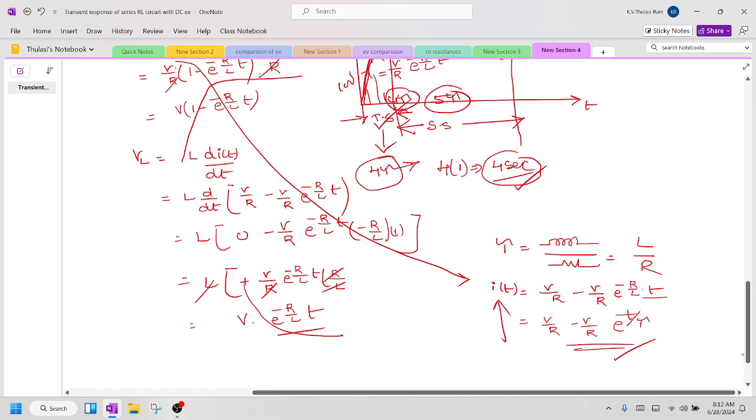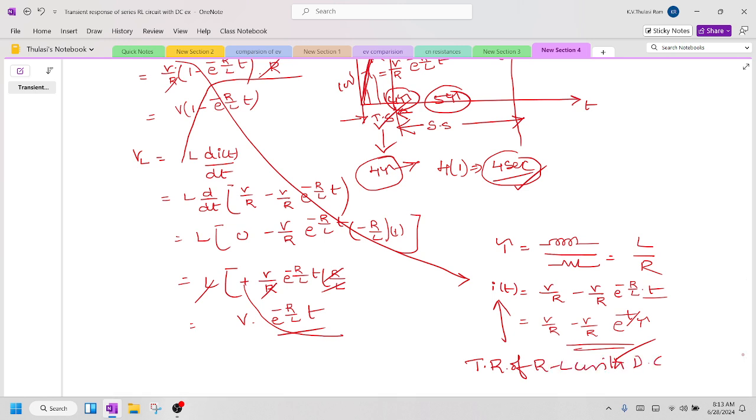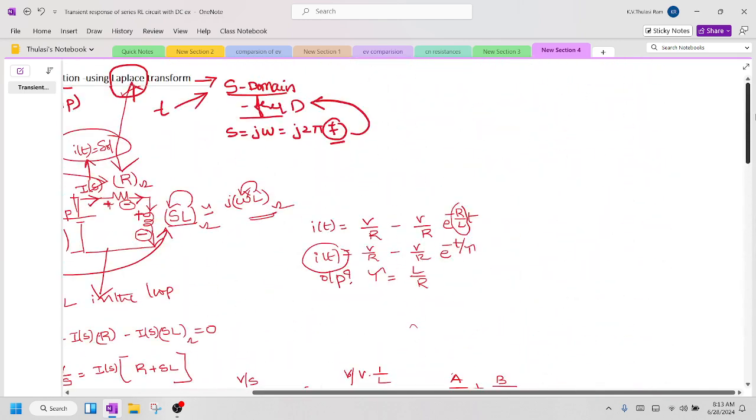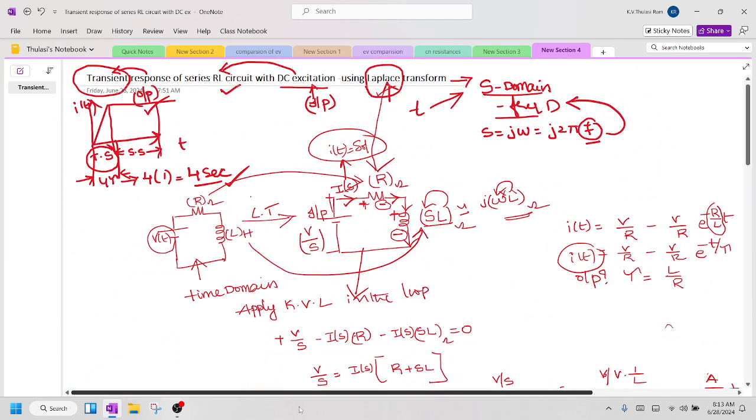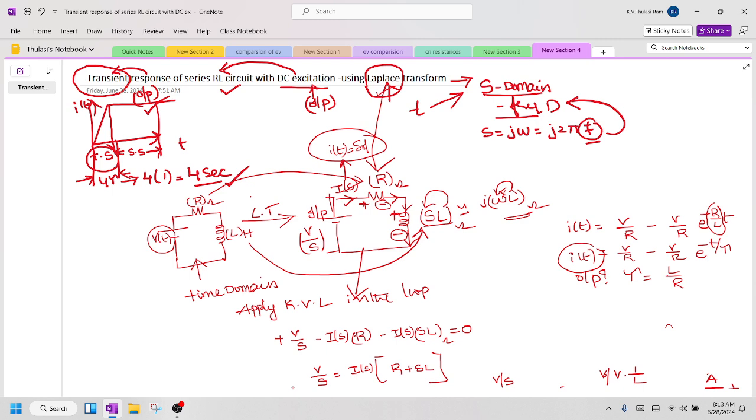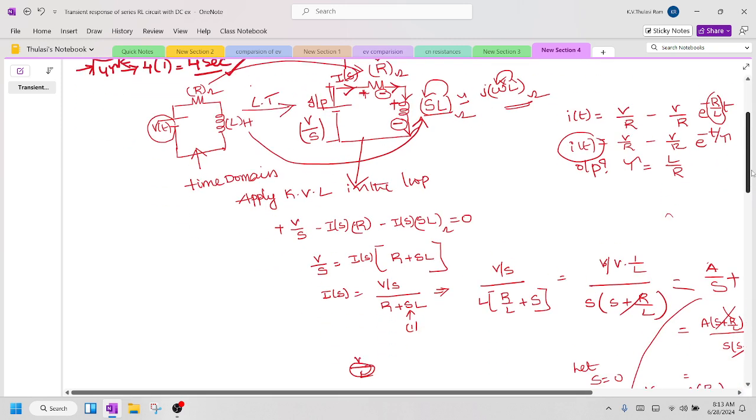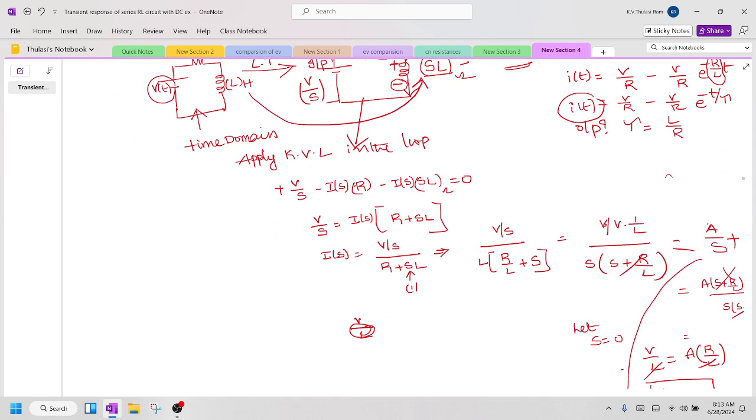This I of t is called the transient response or transient output of an R L network with a DC excitation in which domain? S domain. So we'll have a small brush up. We converted this time domain into Laplace transform for simplification, and we expressed this in R ohms, sL ohms. We applied a small KVL, and we found the expression of I of s. From I of s, we got V by s, and this is in the S domain. We want to solve it.